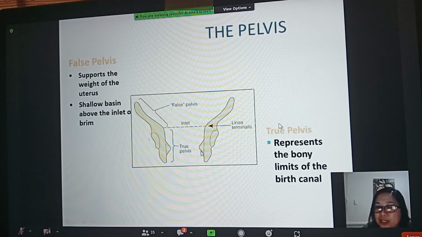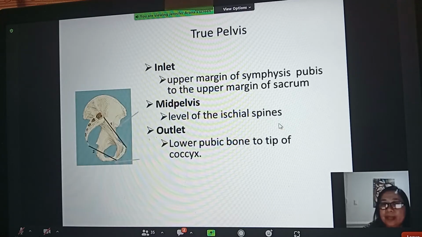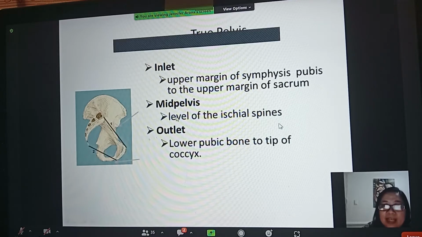it should be measured, because the products of conception, especially the fetus or the infant, would go through here during a normal vaginal delivery. Okay, so the true pelvis is made up of these parts. We have the inlet, the mid-pelvis, and the outlet.